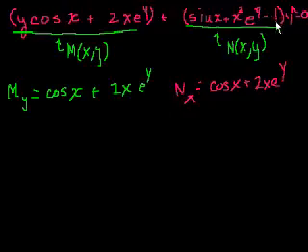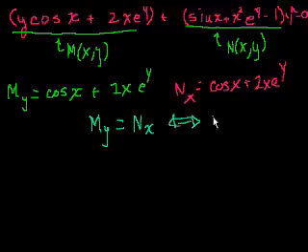The derivative of a constant with respect to anything is going to be 0. So the partial of N with respect to x is cosine of x plus 2x e to the y, which, lo and behold, is the same thing as the partial of M with respect to y. So there we have it. We've shown that the partial of M with respect to y is equal to the partial of N with respect to x, which tells us that this is an exact equation.